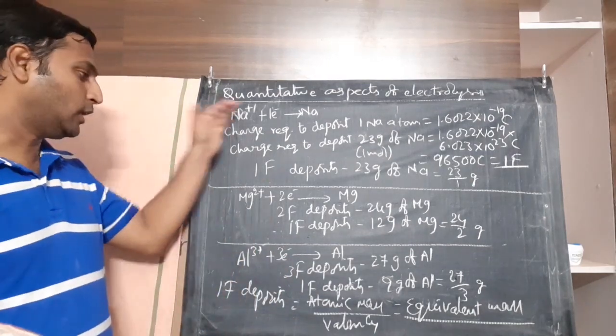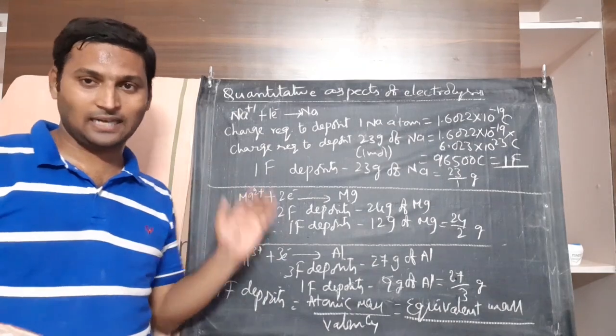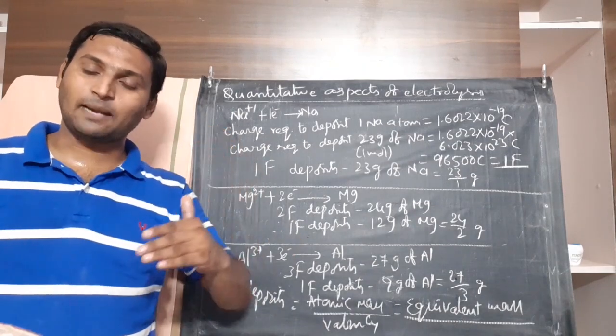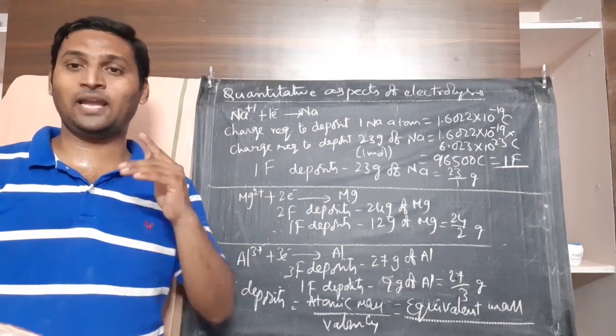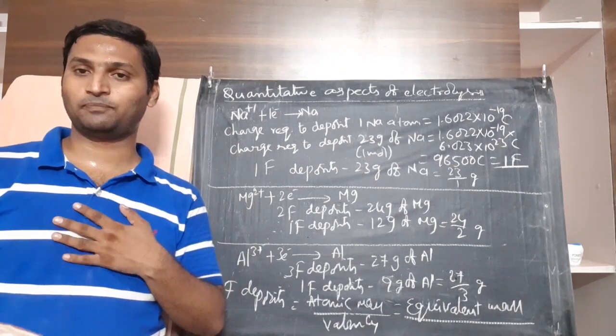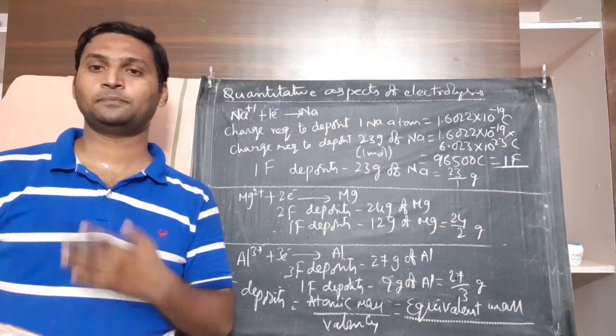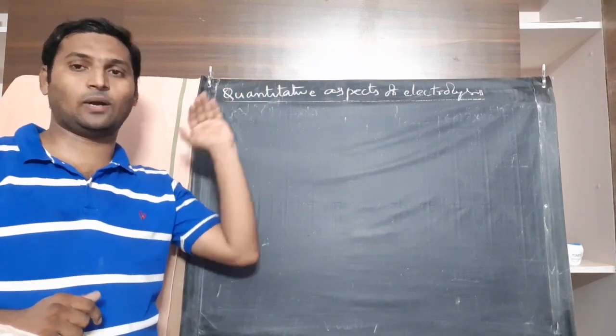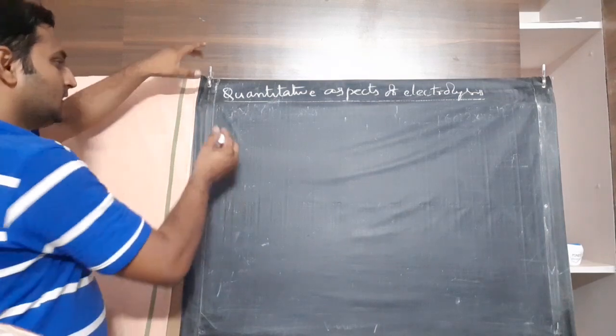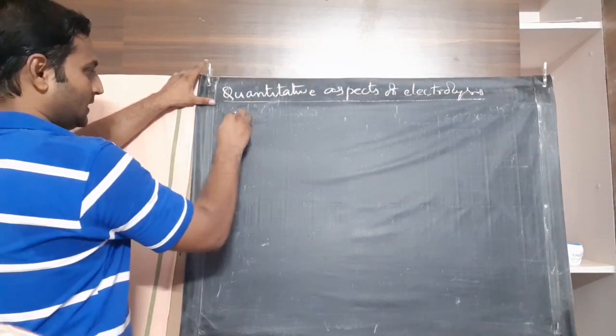Now, we took 3 examples of metals and understood this. Let us apply the same to 3 non-metallic gases, where I would like to establish one more point. Okay, let's proceed. Let us understand non-metals and their quantitative aspects. I'll start with hydrogen gas.